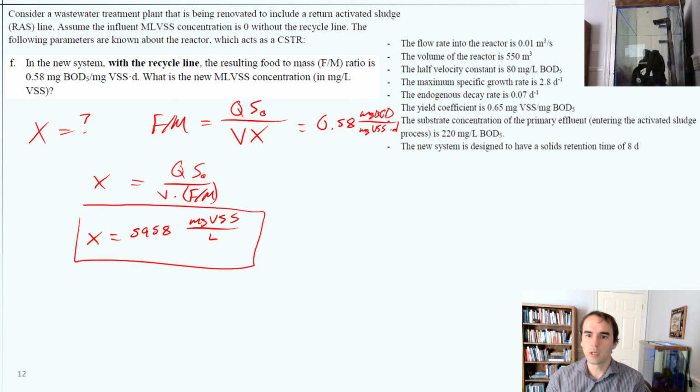Some of these equations are actually kind of nice, because if you have the equation and you're given some information, you don't even have to worry about the reaction that's going on. So in some ways, dealing with the recycle line is actually somewhat simpler because we have some of these established relationships that we can work with.